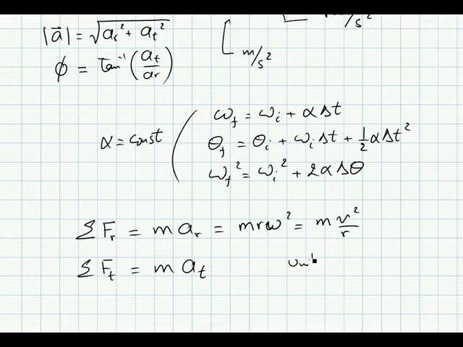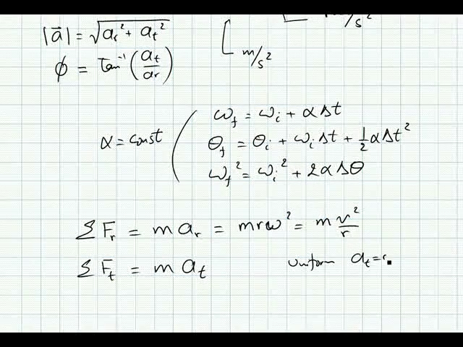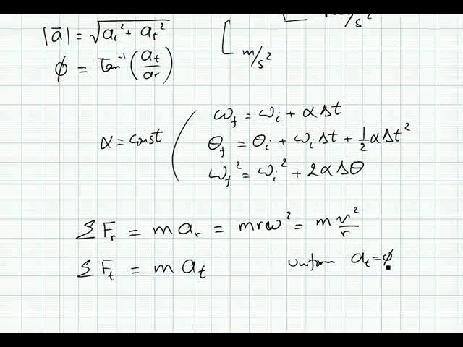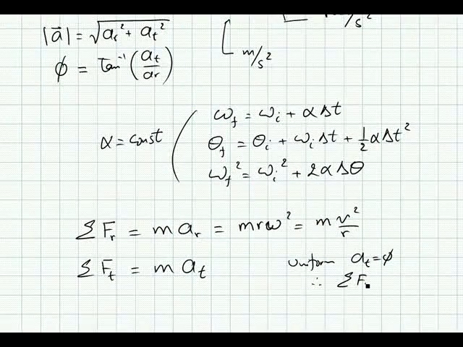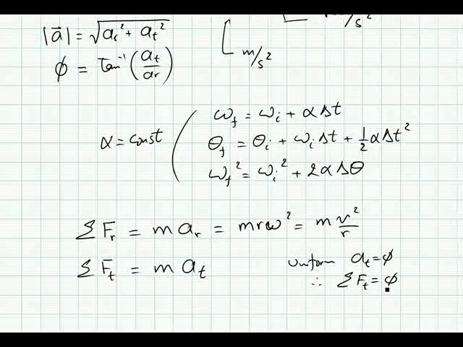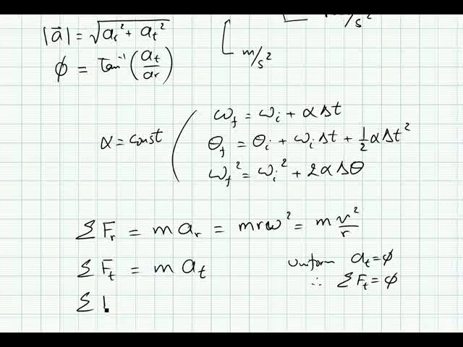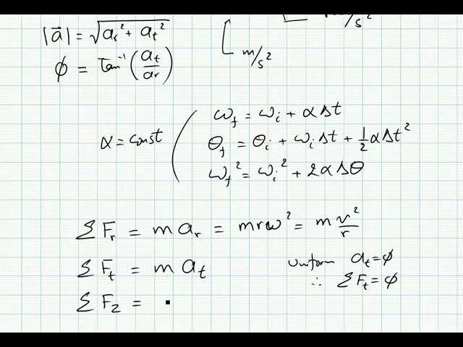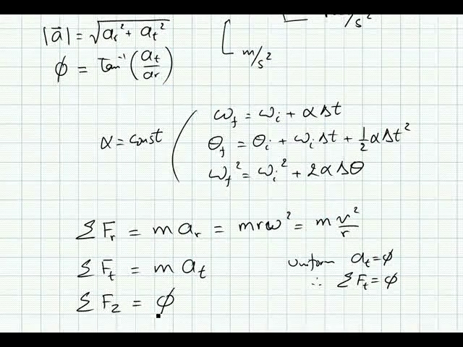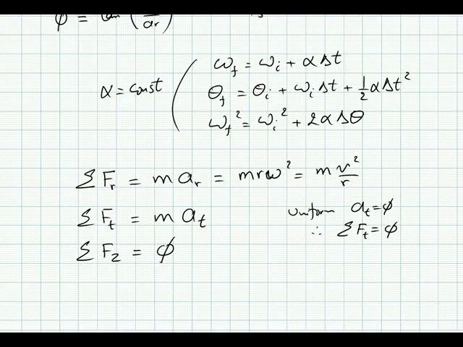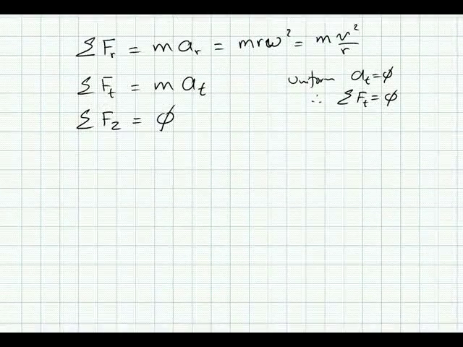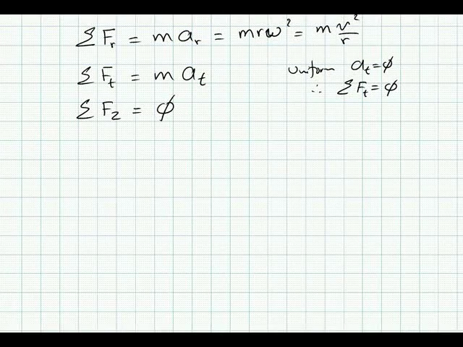For uniform circular motion, a_t is 0, therefore the sum of the forces in the tangential direction is also 0. Along the z direction, whether uniform or non-uniform, the net force is always equal to 0.